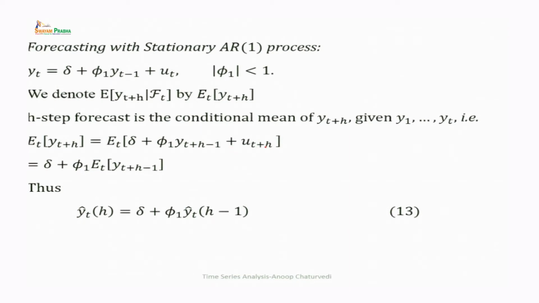So, actually you have written y t plus h equal to delta plus phi 1 y t plus h minus 1 plus u t plus h, and then you have taken the conditional expectation given the information up to time t.